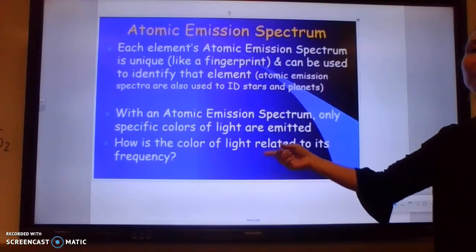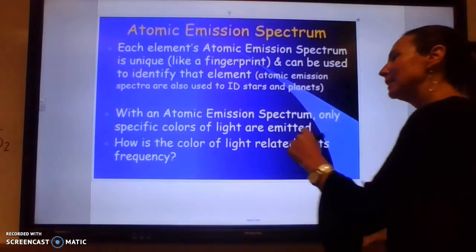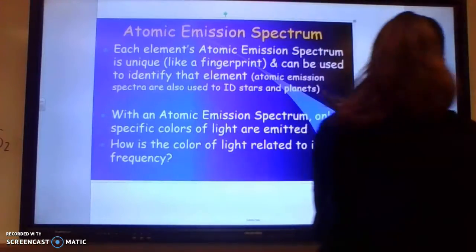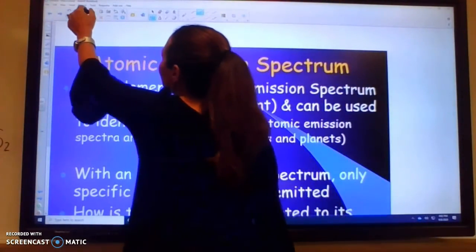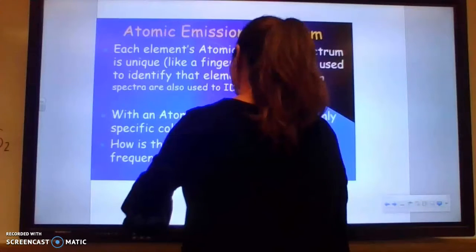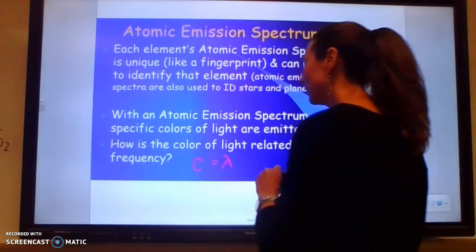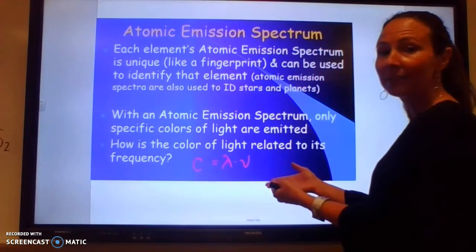That's related to its frequency. We talked about this in the last lesson where the speed of light, which is c, is equal to the wavelength of light times the frequency. Well, we have this equation.